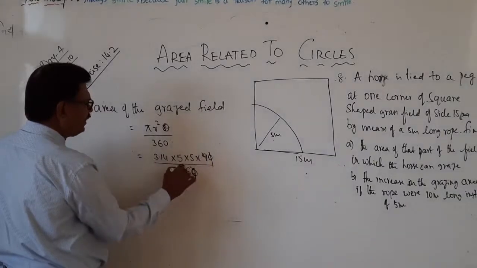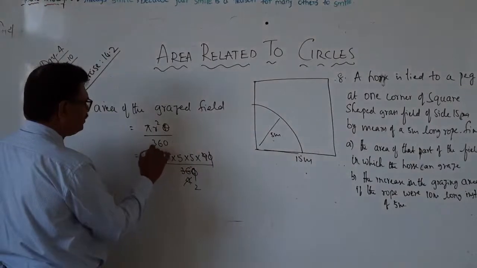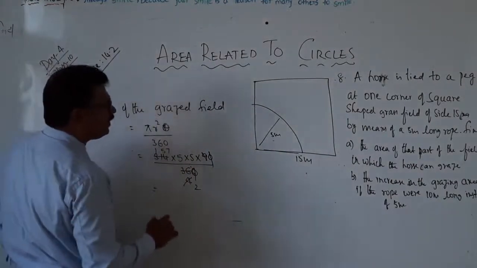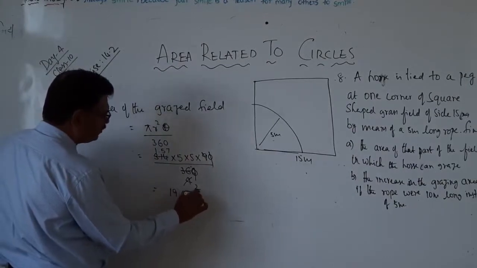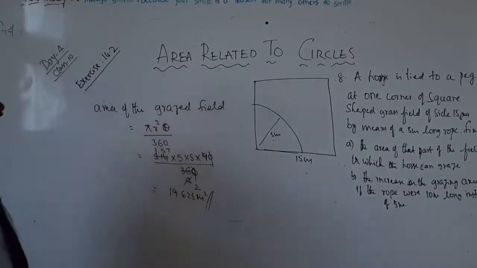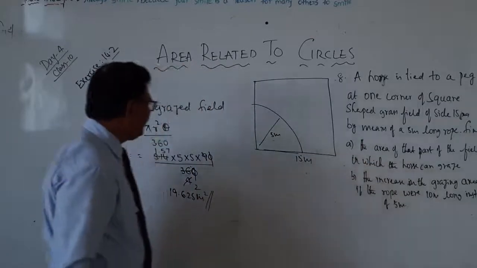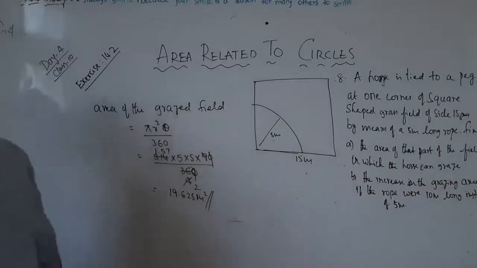So approximately it is equal to 19.625 meter square. Okay? So this is the area of that part of the field in which the horse can graze. This is the graze area. Okay? Now next one.